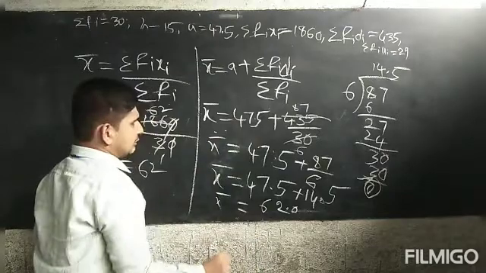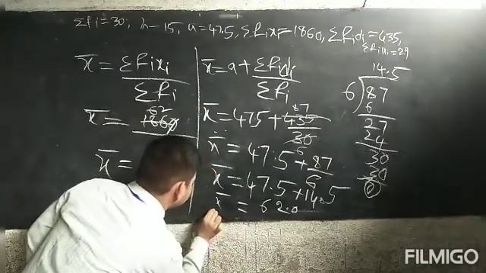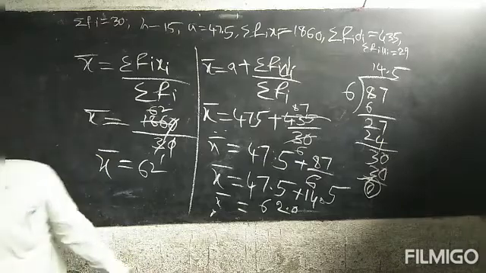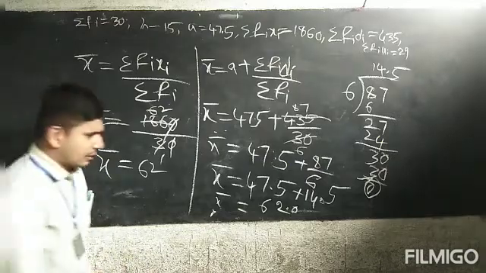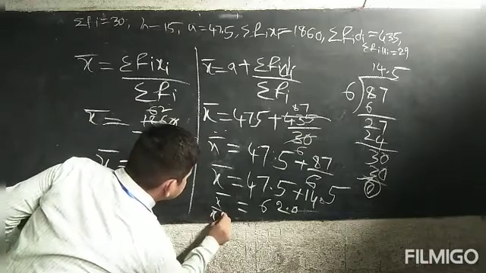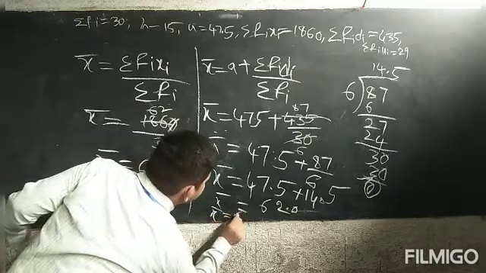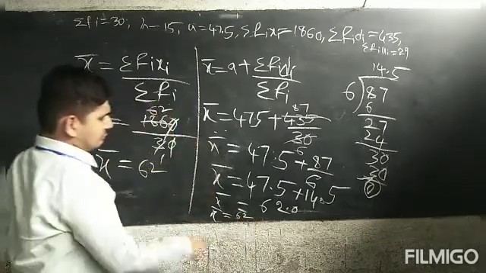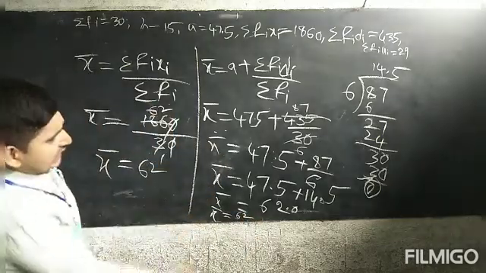So x bar equal to 62.0. In the assumed mean method, the mean is 62.